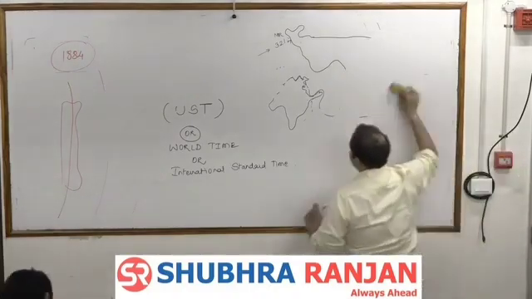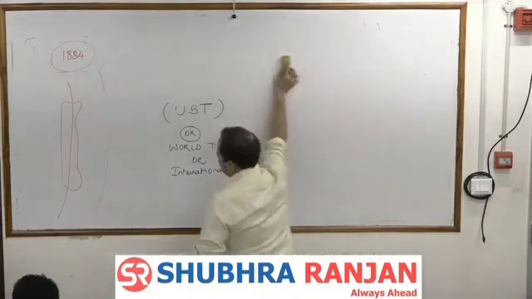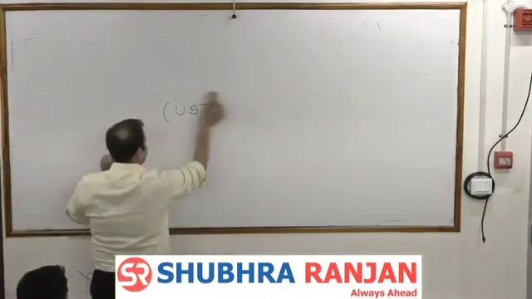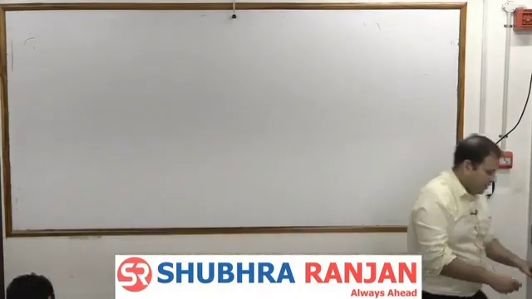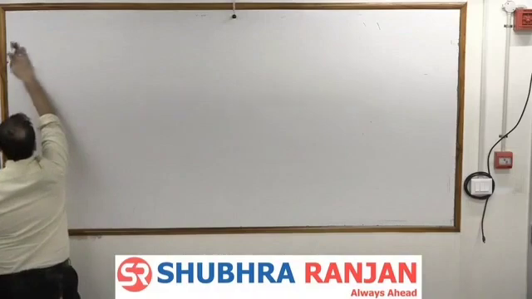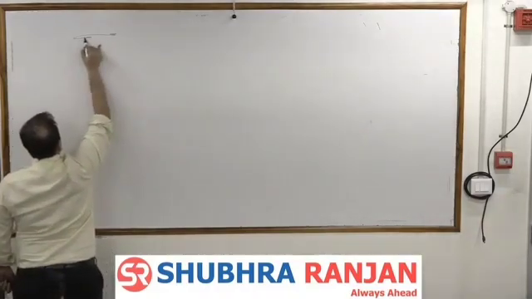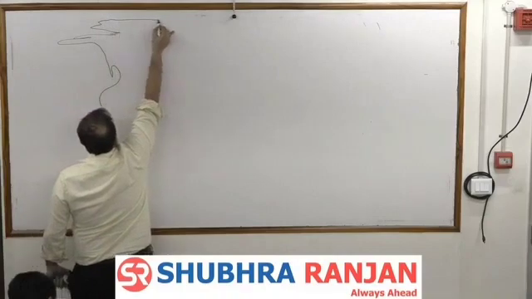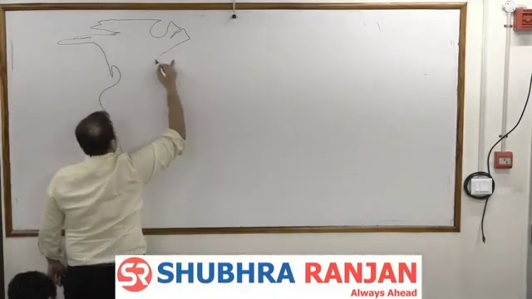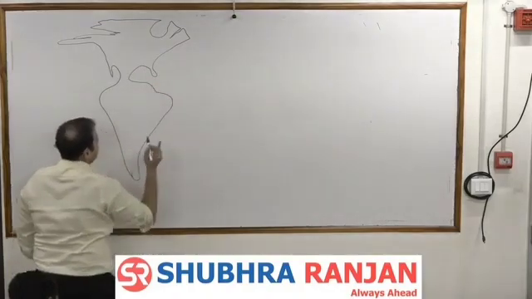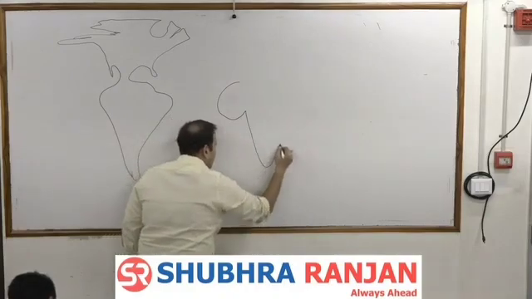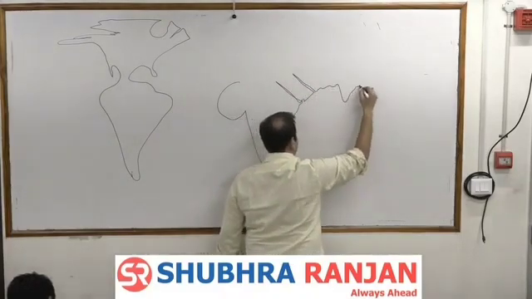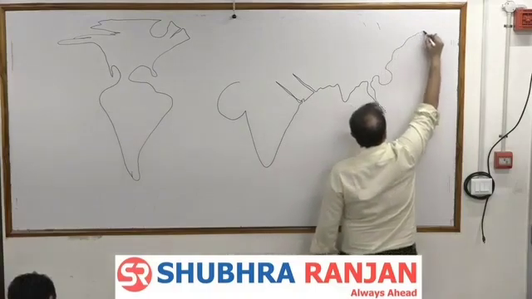The countries which have larger east-west extent, or in other words longitudinal extent, have more than one time zones.